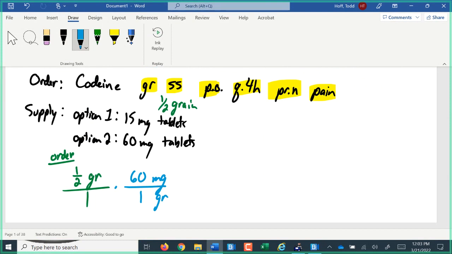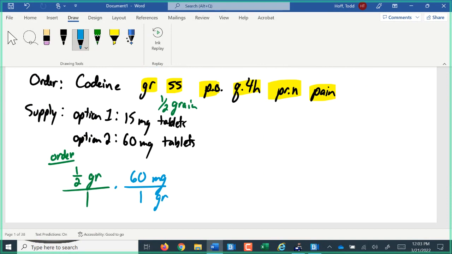Now, I know I mentioned this back at the end of Unit 2 when we were doing these equivalencies. 1 grain is not exactly 60 milligrams. It's actually like 62.7 milligrams.